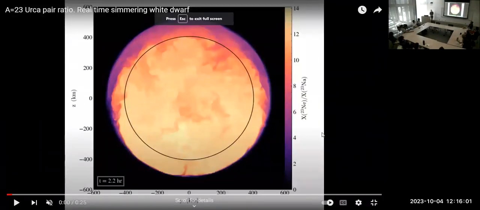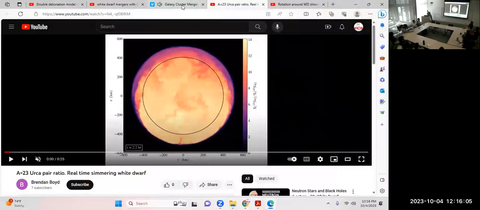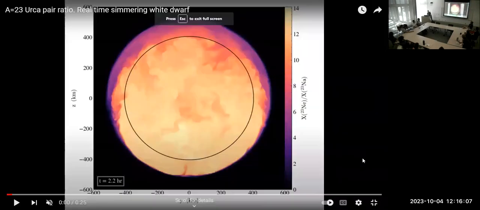So this is a simulation of looking at the convection in the white dwarf on its way to exploding. And what we're really doing is peeking into the very middle, so looking at just the core region of this white dwarf.